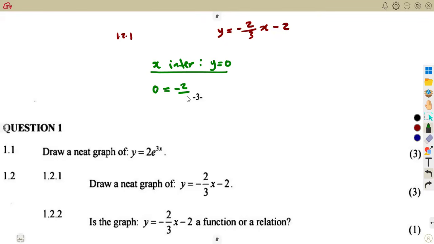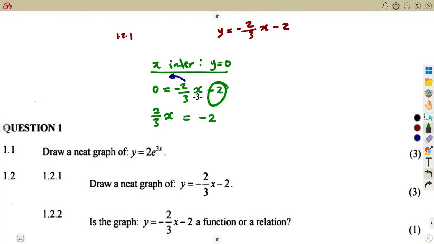So this is minus 2 over 3x minus 2. To solve for x, it's either going to take this to the other side, it becomes positive, or you can take the minus 2 to the other side. It is up to you guys. As for me, I'm going to take this part of x to the other side. So it is going to be positive 2 over 3x, which is equal to minus 2.